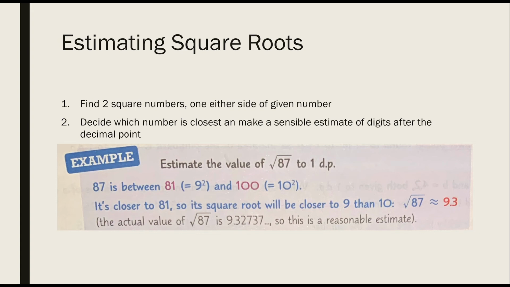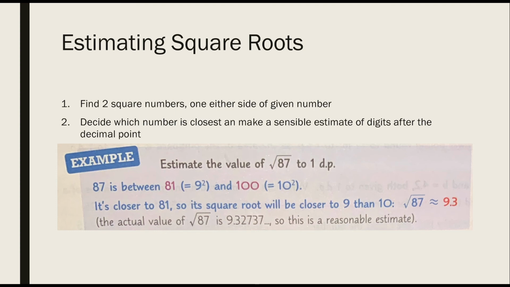Okay, let's move on. The harder part of estimation is estimating square roots. First you want to find two square numbers, one either side of the number you're given. And then you want to decide which number it's closest to, and make a sensible estimate of the digit after the decimal point.